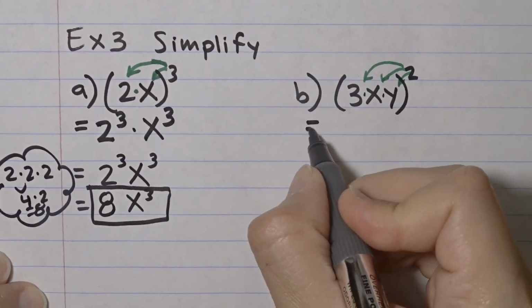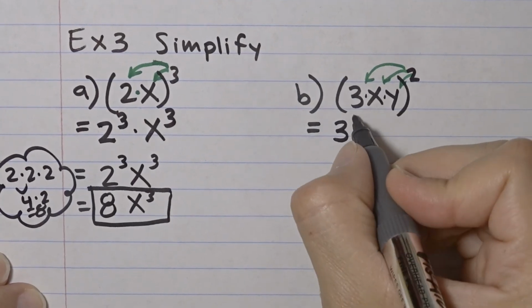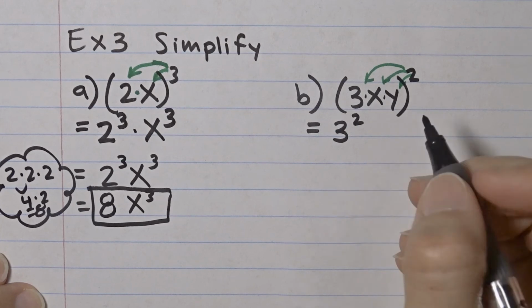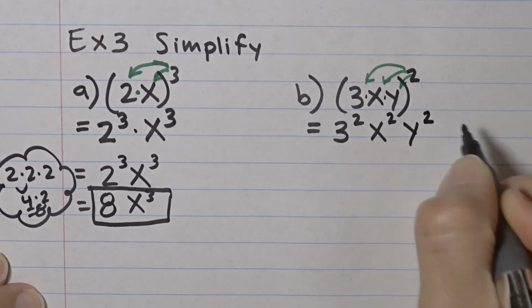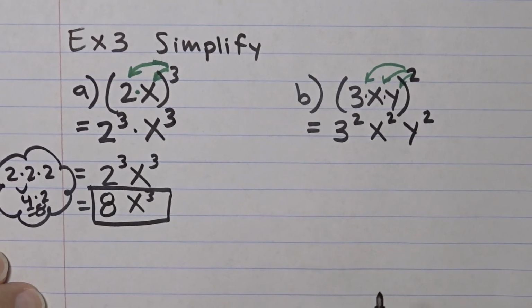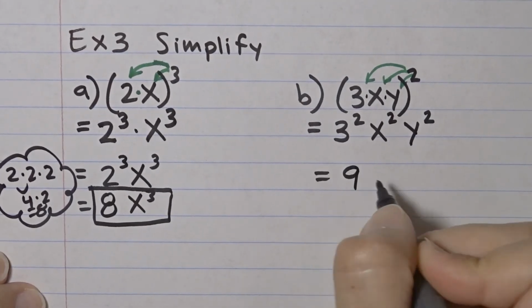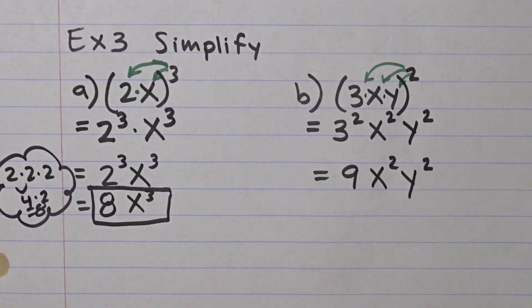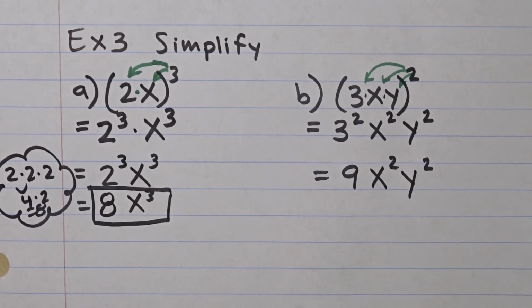So if I were to write this in expanded form, I'm going to end up seeing 3 multiplied by itself twice, x multiplied twice, and the y will be multiplied twice. And we can go ahead and do this too. What's 3 times 3? 9, x squared, y squared. All right, and there you go.